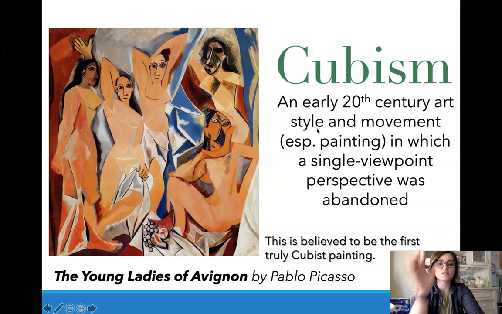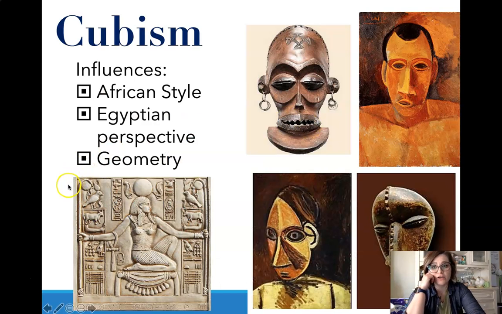So, it's especially a painting movement. Sorry, I forgot to mention that one thing there. But you can also see Cubist traits or characteristics in African style and Egyptian hieroglyphics, right? Because we're getting one-dimensional view, but for example, the hieroglyphic here, the engraving is trying to capture multiple angles at once.